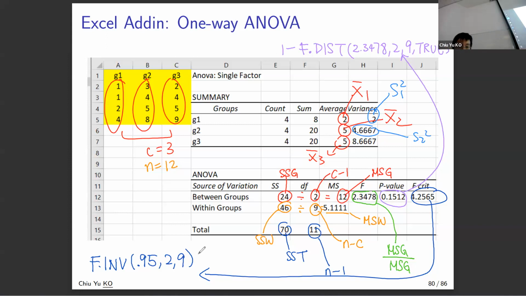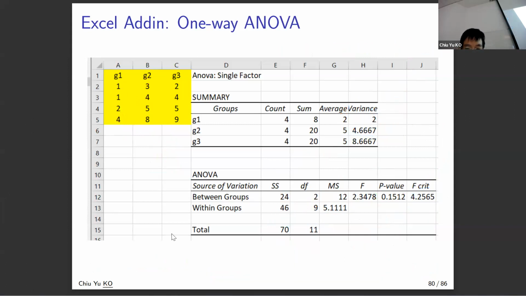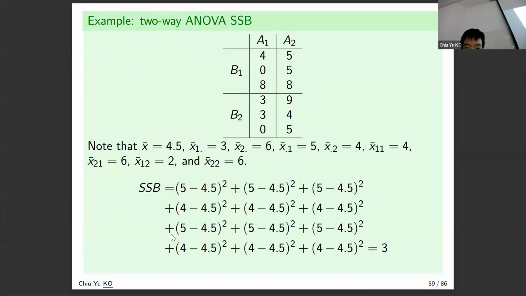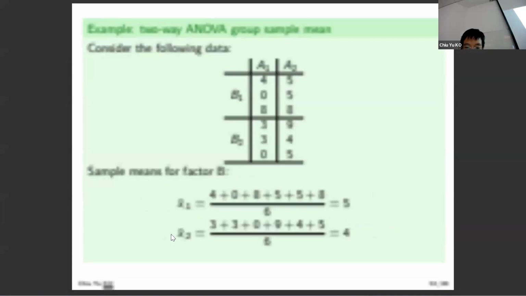Oh, sorry, one more thing. You can also look at this value in the F table, which I will shortly go over. Can I erase this screen? Very quickly, how do you get 2 and 9?